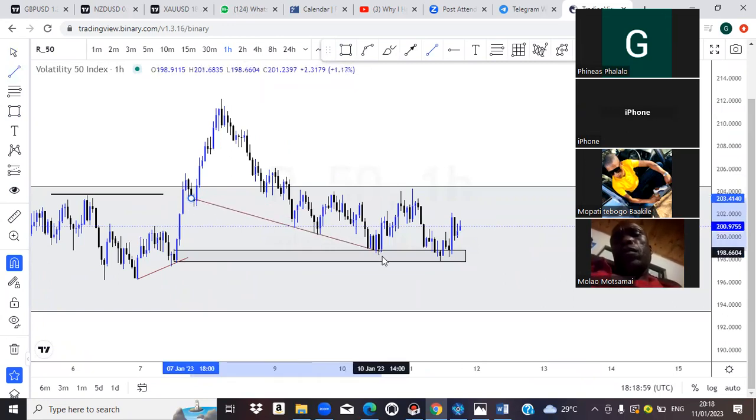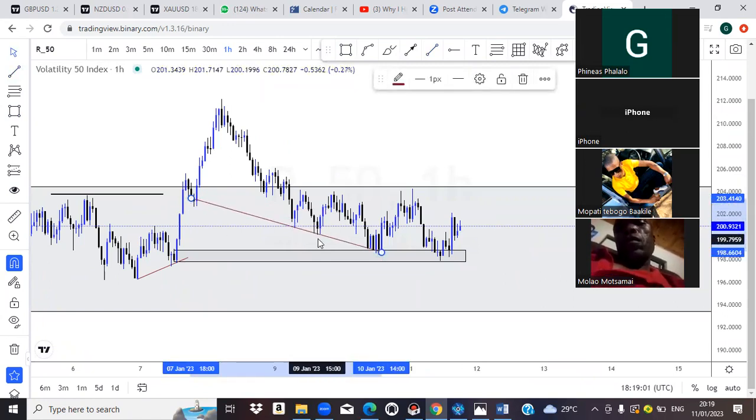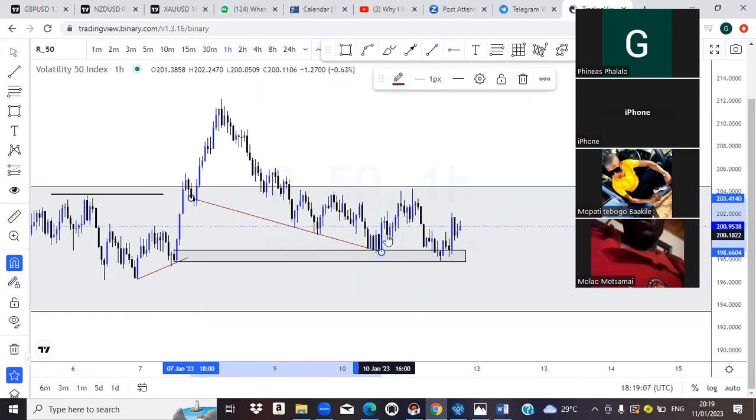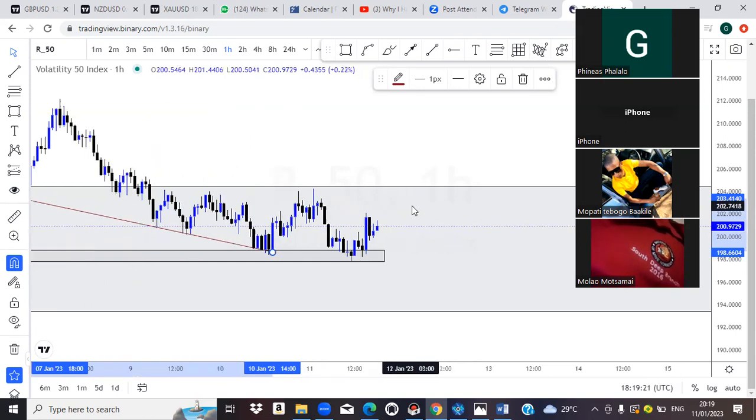Obviously, we add confluence 1, 2, 3 at the order block. If you trade Deriv, it creates room for manipulation. If you have 1, 2, 3, the price is to buy.